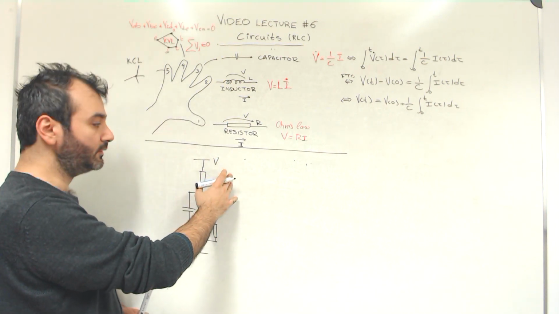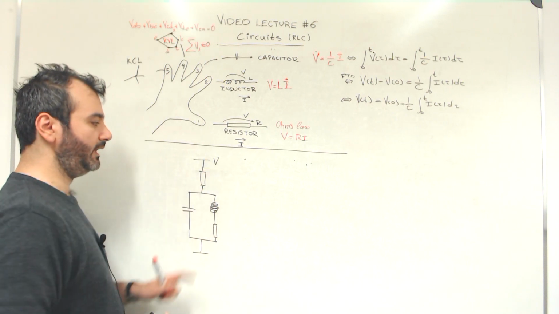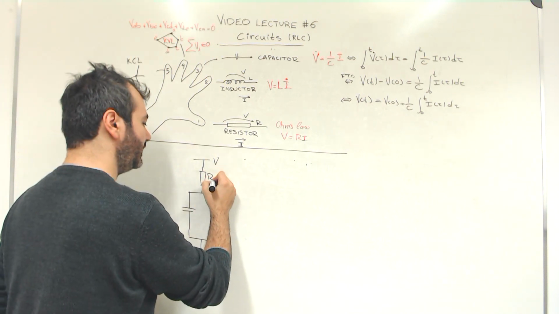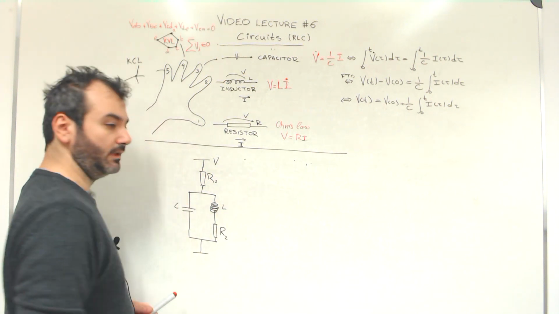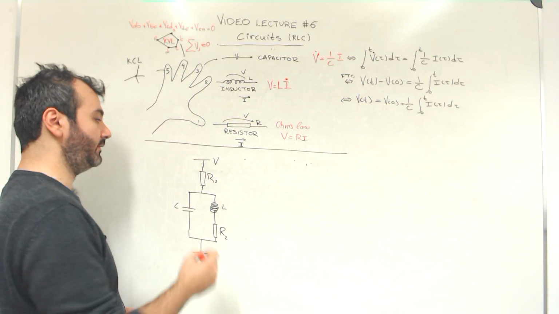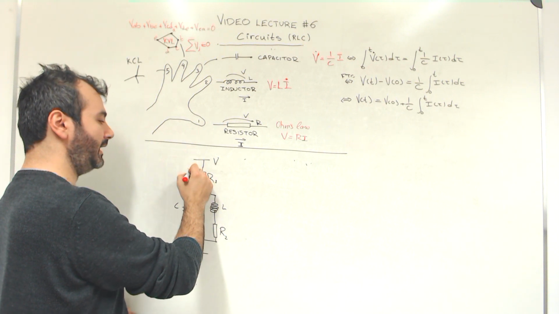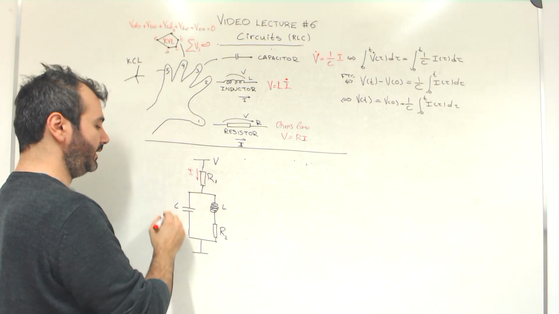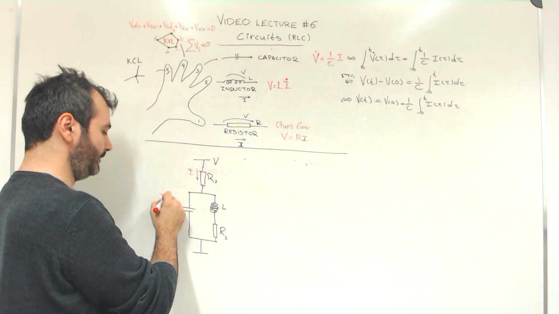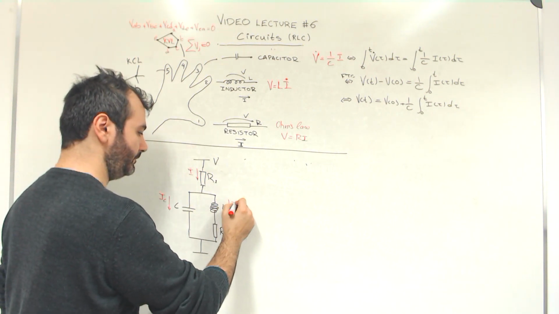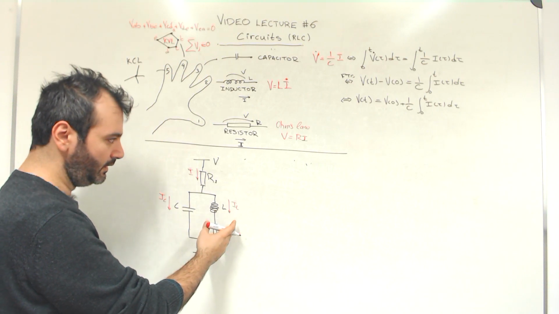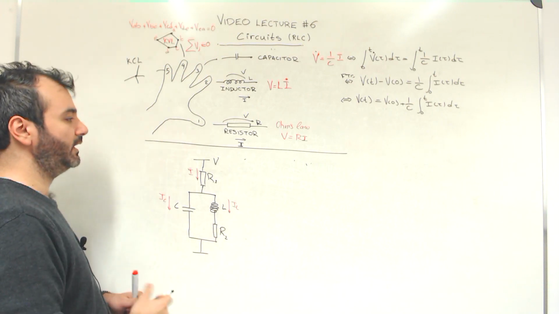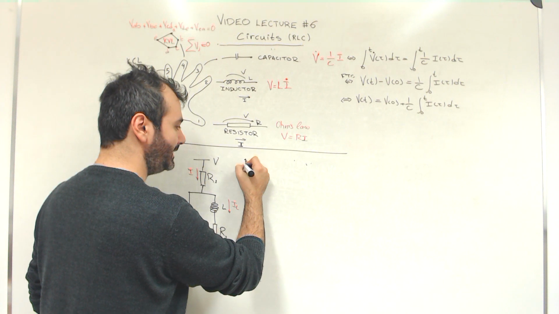Again, we are allowed to manipulate the input voltage V. We have here R1, R2, L, C. We have the following currents running through the circuit. We have this I, let us call it I, and then IC and IL.